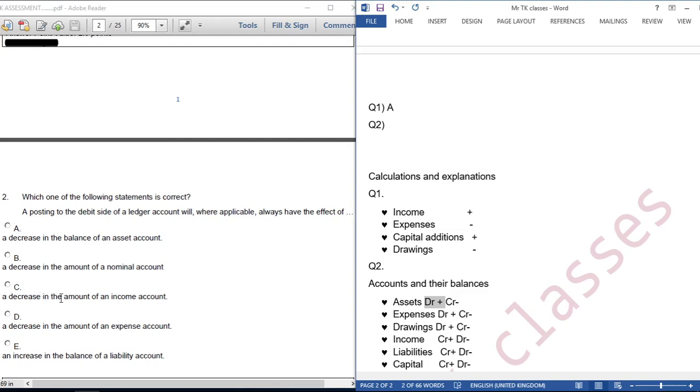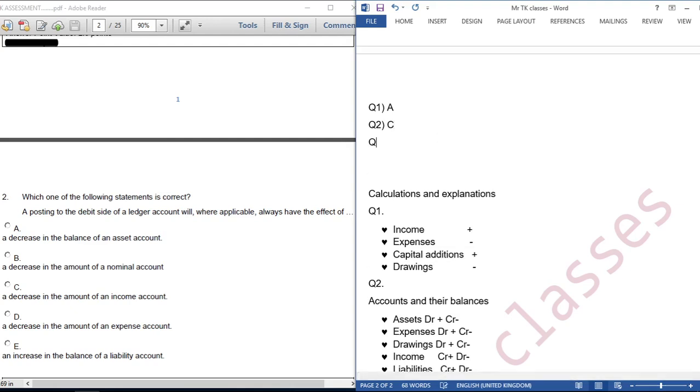A decrease in the amount of an income account. Let's go to income. If we post on the debit side, does it result in a decrease? Yes, it results in a decrease. So now we are going to say our answer is C. Let us also look at the other options.